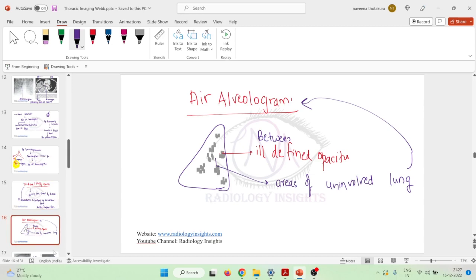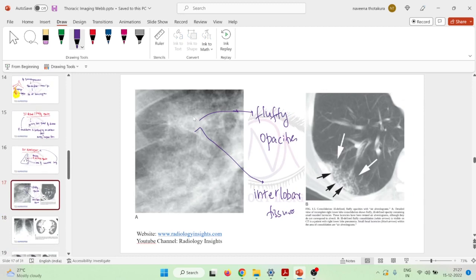So that is air alveolograms. If you see here, this is a fluffy opacity, but see this part where there is uninvolved lung, which is the air alveologram. An uninvolved or normal lung which is present between the fluffy opacities is called air alveolograms.